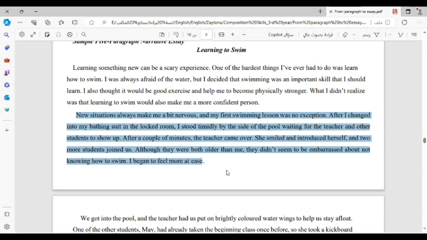After I changed into my bathing suit in the locker room, I stood timidly by the side of the pool with its bathing suit. Okay, is it the bathing or the bathing? You can say bathing.